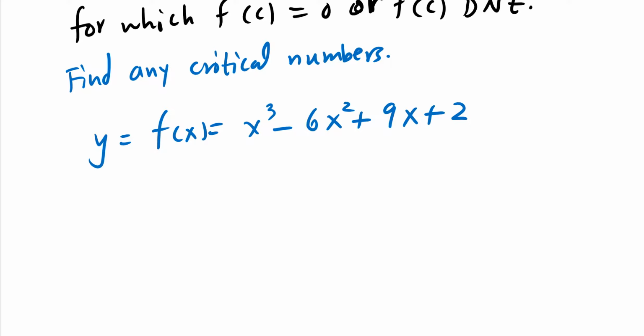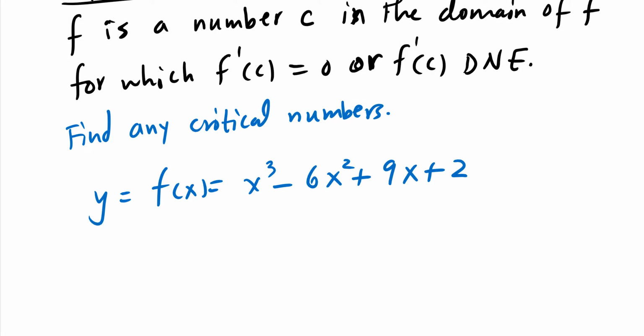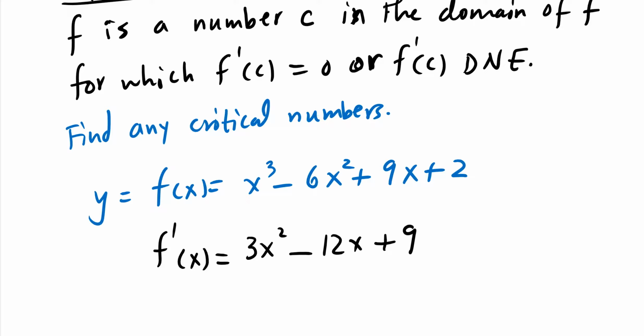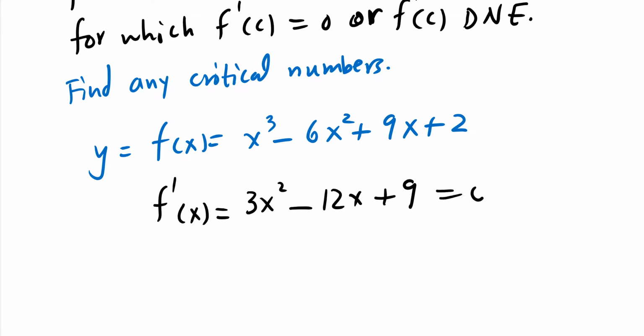So how are we going to find the critical numbers? Well, notice how the derivative must be 0 or does not exist. So the first thing to do here is to find the derivative of this function, which is 3x squared minus 12x plus 9. So is there a way that this would not exist? No, usually that happens with fractional functions, like rational functions. But can that be 0? Well, let's try.